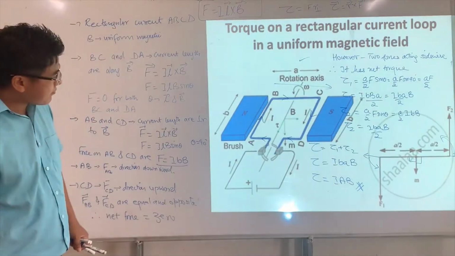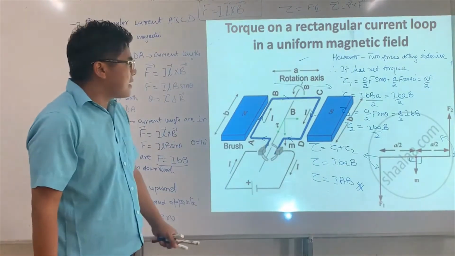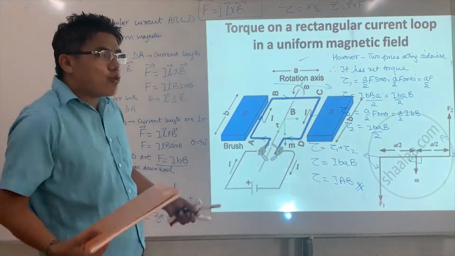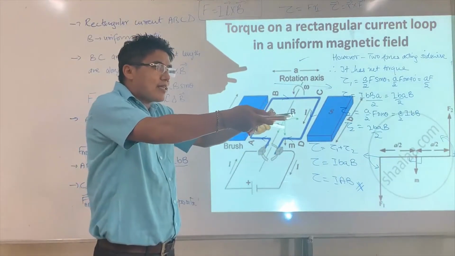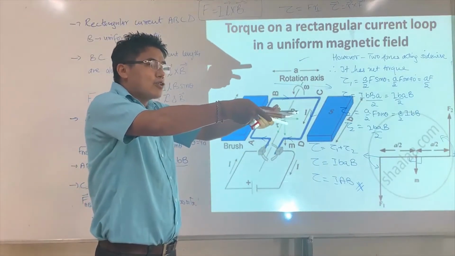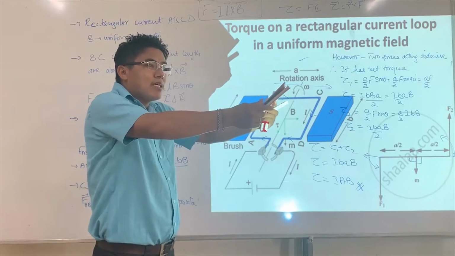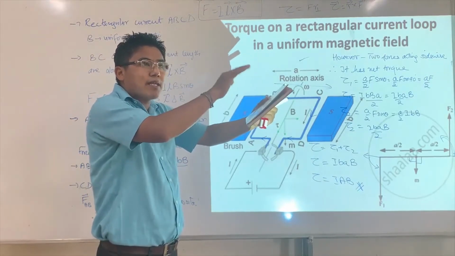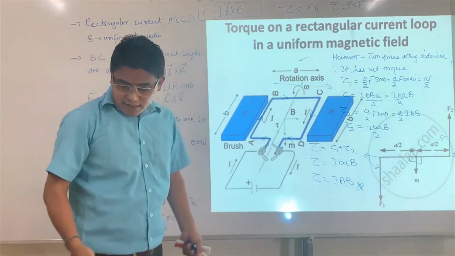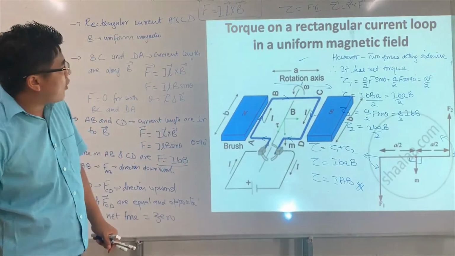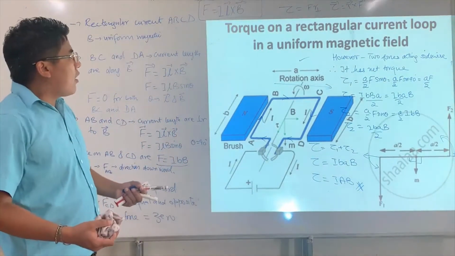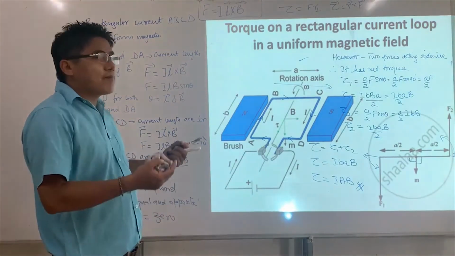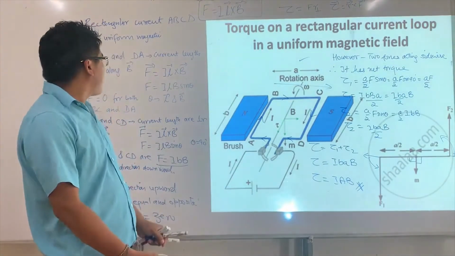Alright. Now what I'm going to do is, now I have to do a second case, this and then with some angle, right? So when it rotates, after some time, it makes some angle with the magnetic field. The plane will make some angle with the magnetic field, right?